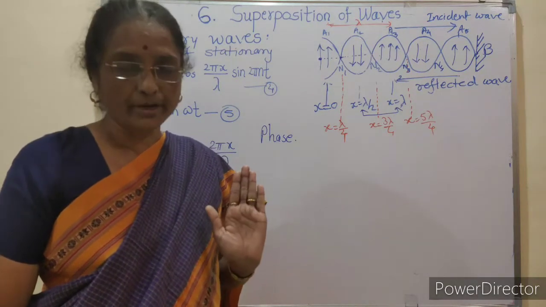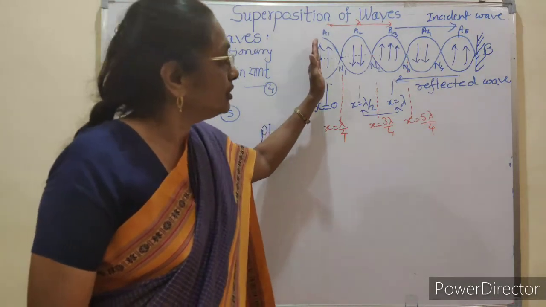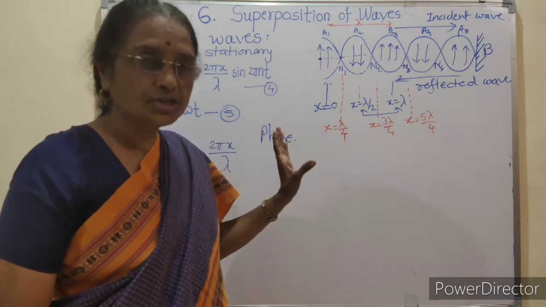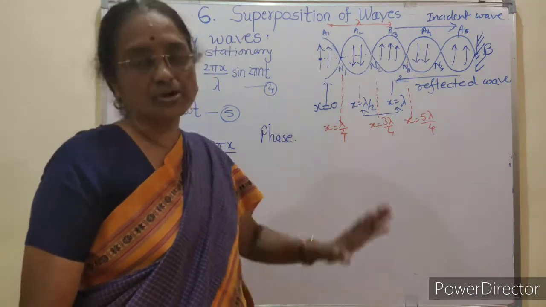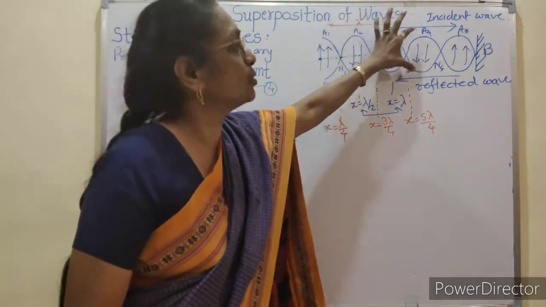They do not vibrate and do not possess energy. So there are some points which have zero energy, and all the remaining points have some energy. So energy is localized in the portion.